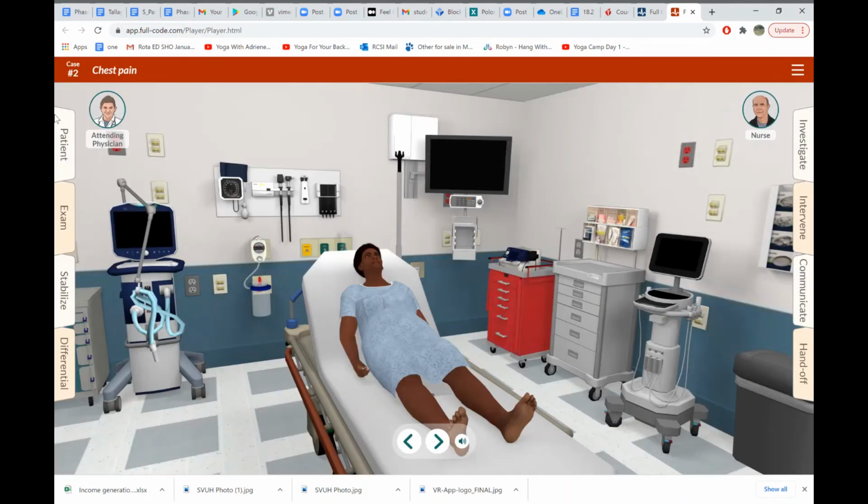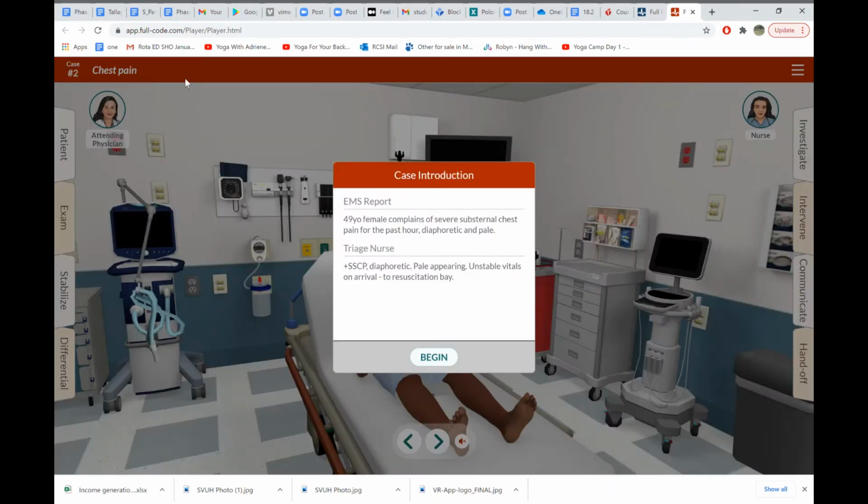Okay, so we'll start with patient. Okay, so we'll have a look at this case properly and see what they've done well and what we can do better, and little flaws that there might be in FullCode, and what's nice about what they do and things like that.